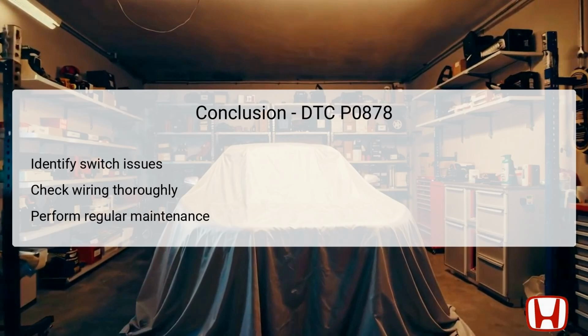In conclusion, diagnosing DTC P0878 within a Honda Accord requires careful attention to the transmission fluid pressure switch D and associated wiring. Initial steps involve utilizing the HDS to retrieve codes, followed by verifying transmission behavior and ensuring proper connections.